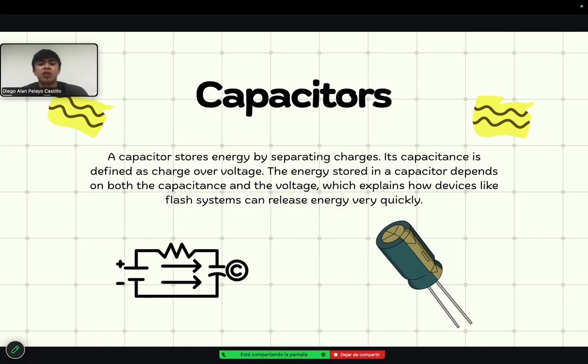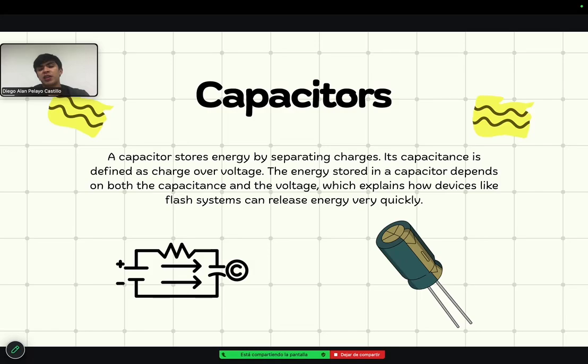Electrons flow from the negative plate through the whole circuit to the positive plate in a clockwise sense until the charges equalize. This process allows a capacitor to deliver the energy very quickly, which is why they are used in devices like the ones that we were testing, electronic flash systems.